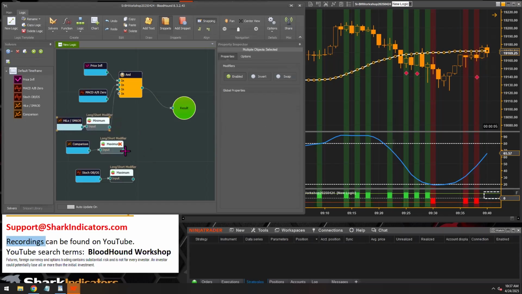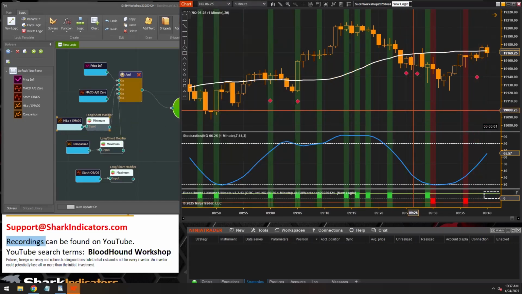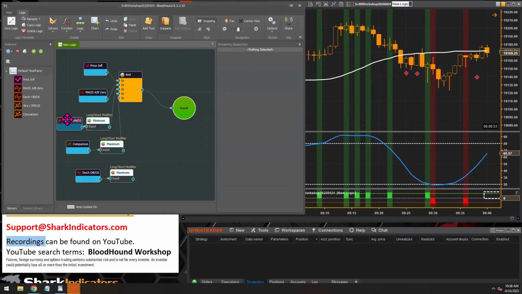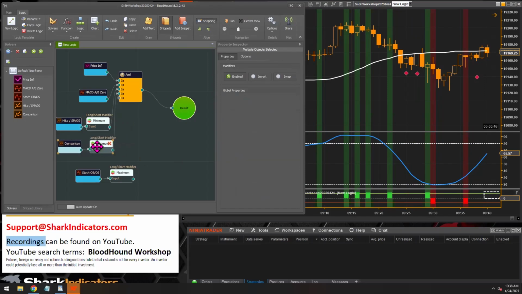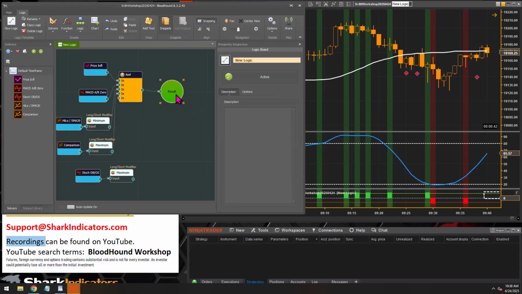And then I can just connect that into the AND node, and there we go. So let's see here. Is that connected in? Yeah, that's connected in.